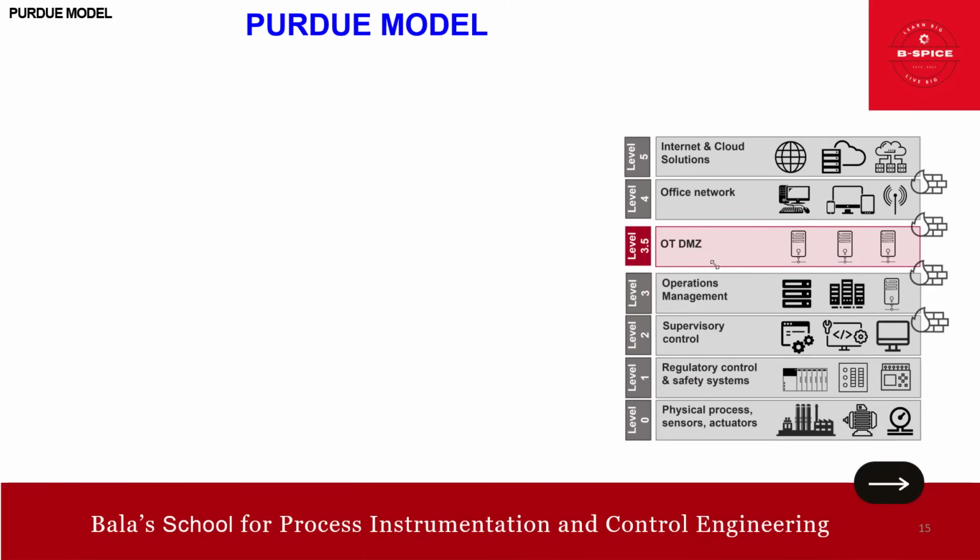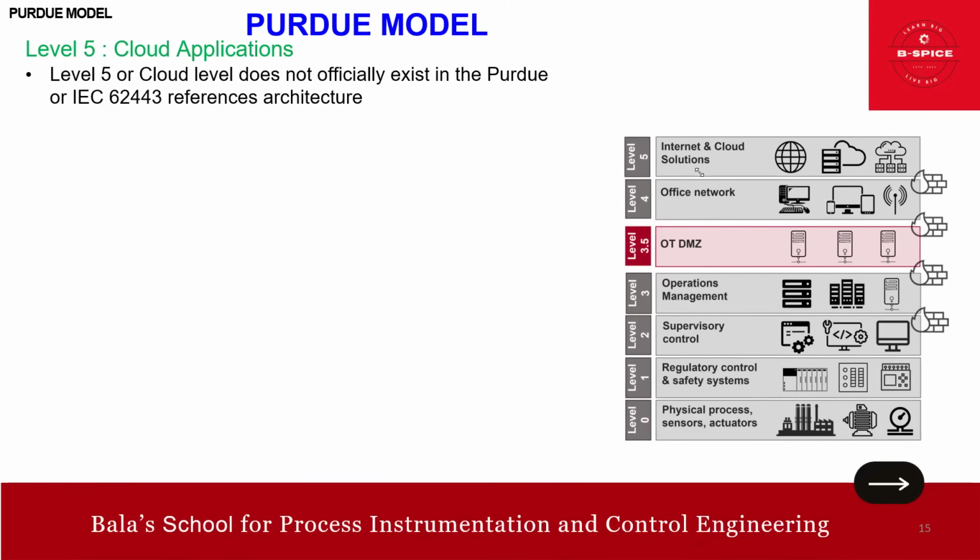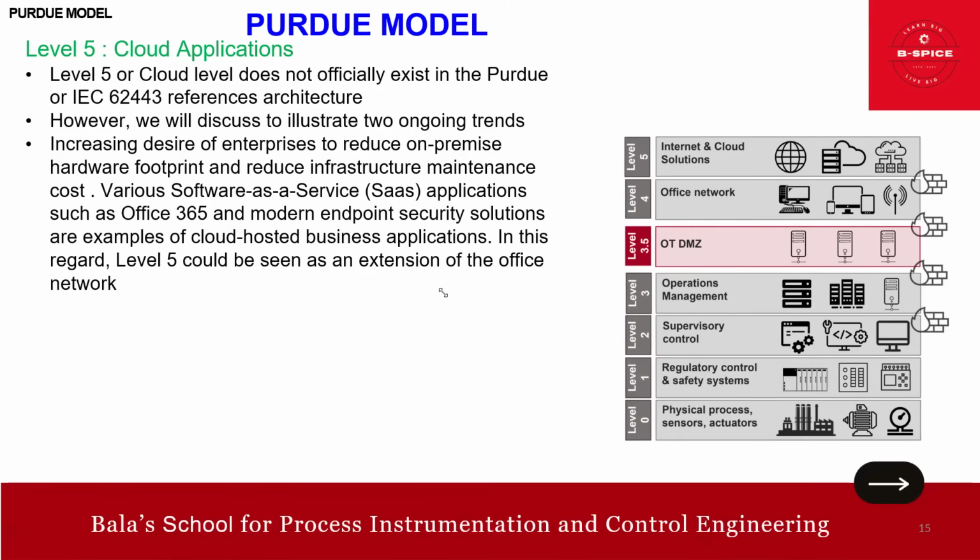Now we go into level 5. Friends, this is called the cloud application level. Level 5, or cloud level, does not officially exist in the Purdue model or the IEC 62443 reference architecture. However, we will discuss it to illustrate recent technology trends. One is the increasing desire of enterprises to reduce on-premise hardware footprint and infrastructure maintenance costs.